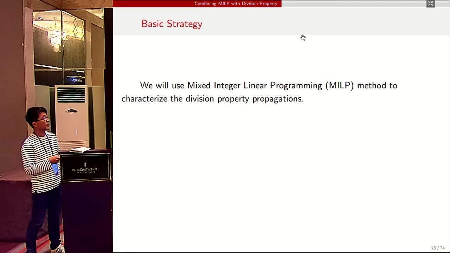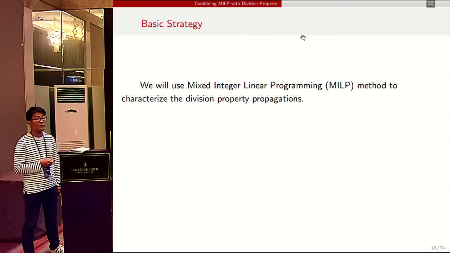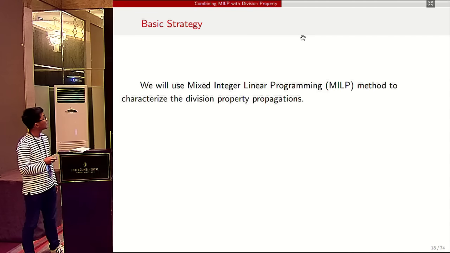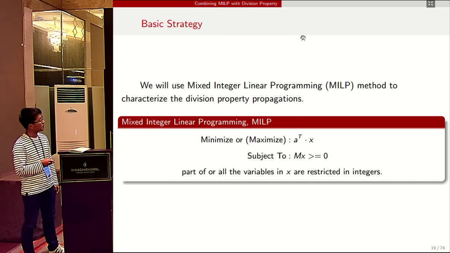The overall strategy here is to use the mixed integer linear programming method to characterize the division property propagations. An MILP problem tries to find the minimal or maximum value of an objective function under some linear constraints. In this model, M is a constant matrix, a is a constant vector.